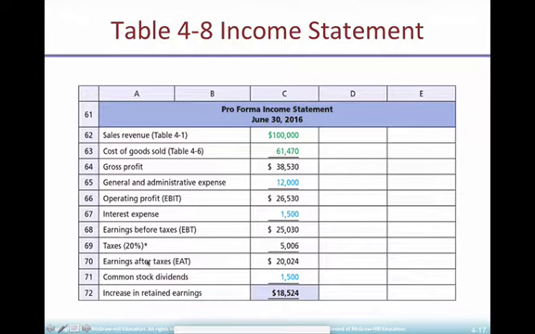Then we have taxes, 20% of this number comes out to be 5,006. Earnings after taxes, 20,024. And we have common stock dividends. We pay, in this application, it looks like we don't have any preferred stock payments, but that's fine. And that's the net income. Here we have retained earnings for common stockholders. So next we are going to work on some applications on pro forma income statement.